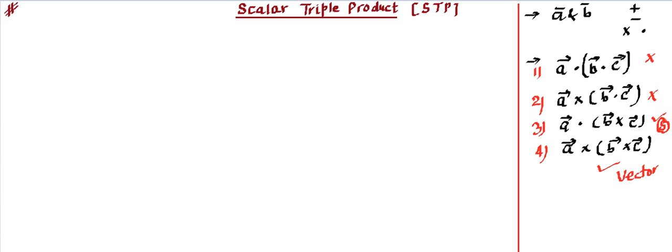Now for this scalar triple product, we need to have three vectors, A vector, B vector and C vector, and we need to do cross between two vectors first. Whatever result comes, this result has to be done dot with another vector, and the answer will come as a scalar number. So this is called scalar triple product, as we just talked.